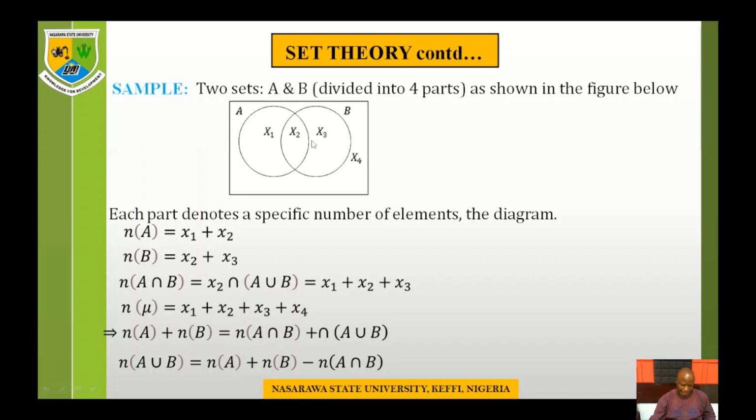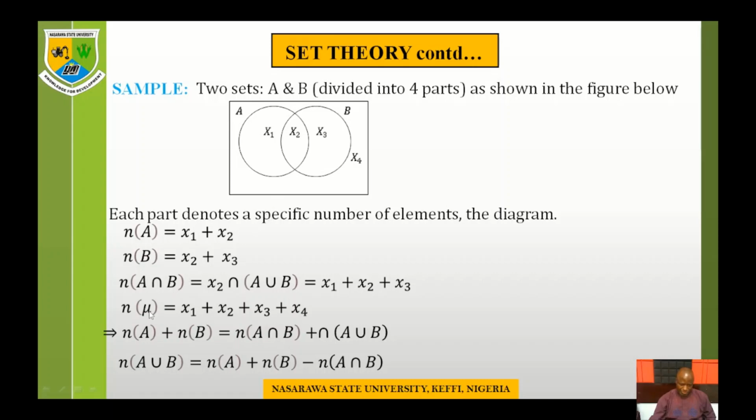And then number of A intersection B. Number of A intersection B is equal to X2, which is the one here in the middle. And the number of A union B, their union, everything together, is X1 plus X2 plus X3.